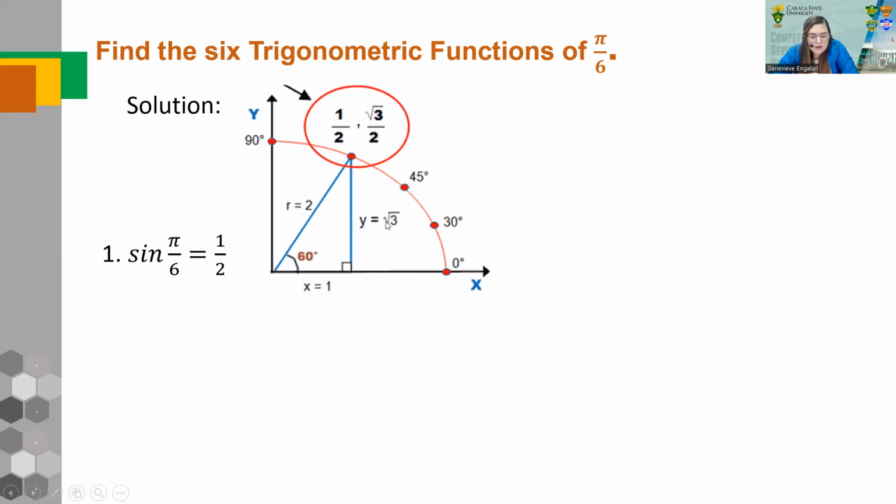Sine of pi over 6 is equal to opposite over hypotenuse. This is our 30 degrees, since the other angle is 60.